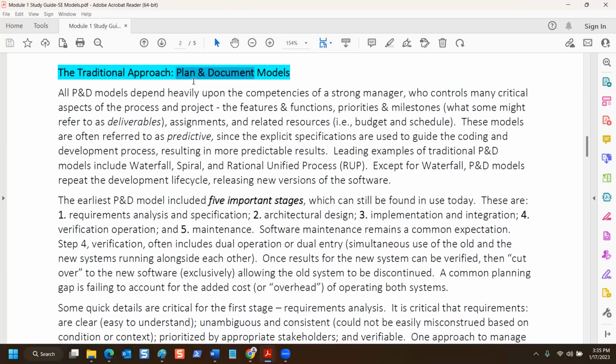So one of the things that's a strength, one aspect of traditional models upon which they depend heavily, is that they require a strong manager. Now, this I got to repeat over and over again. A strong manager means you have somebody in charge and they help make decisions and frame the development process, and they make critical judgments when there are problems to solve, right?